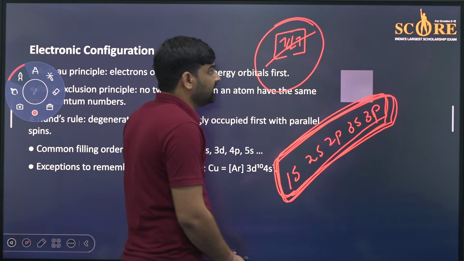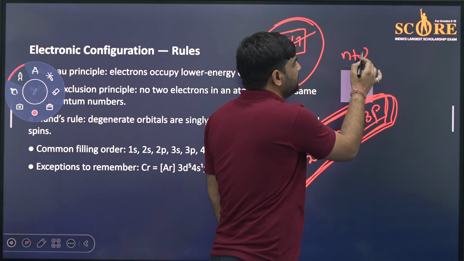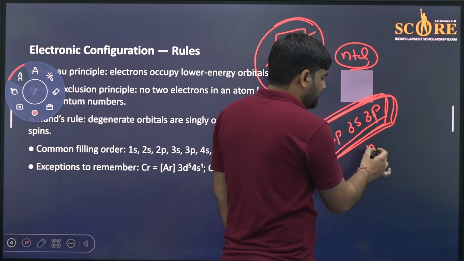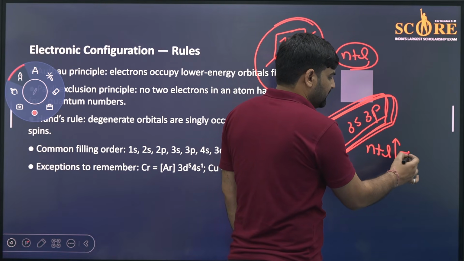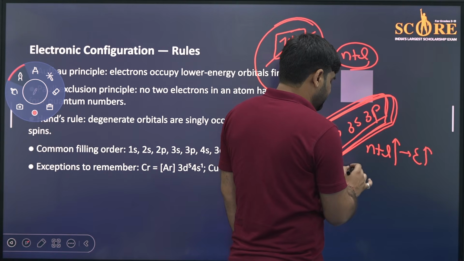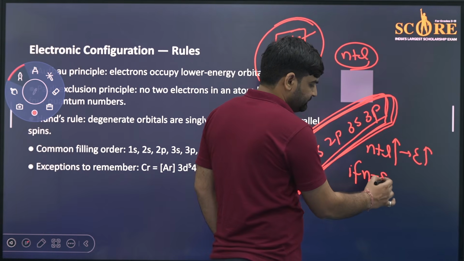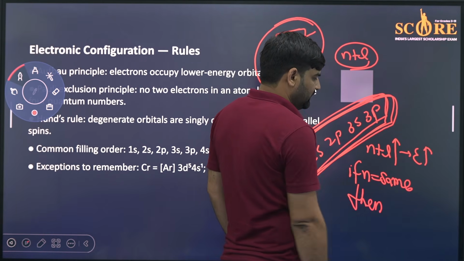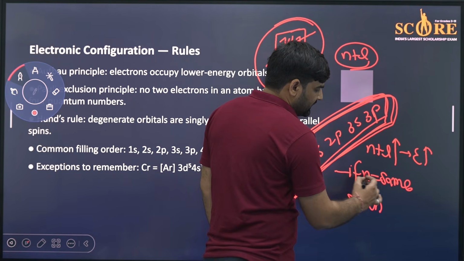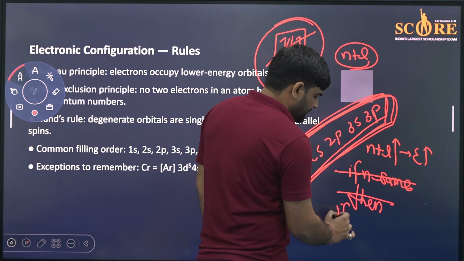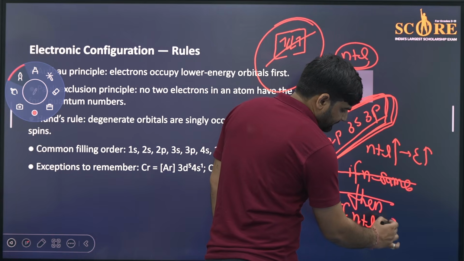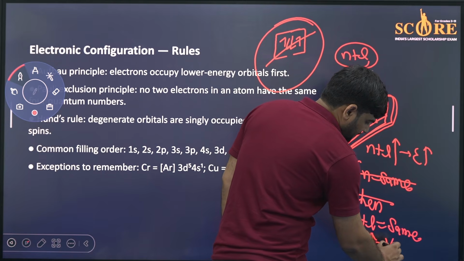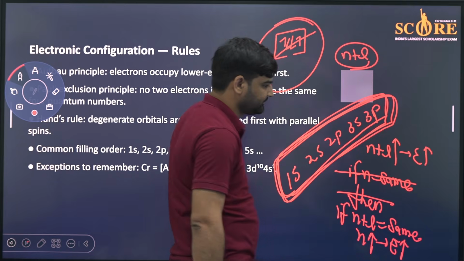Increasing energy order is decided by the n plus l rule. What is the n plus l rule? It tells that if n plus l is high, then energy is also high. And if n plus l is the same, then if we increase n, the energy also increases.